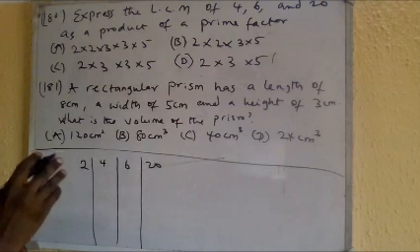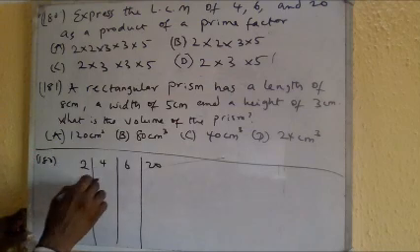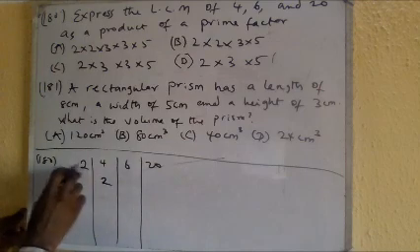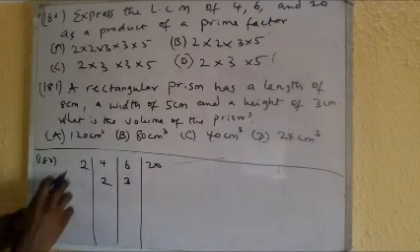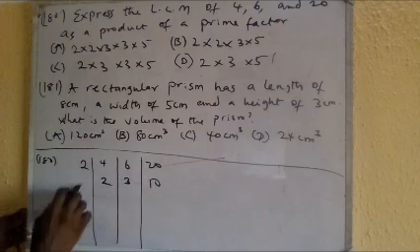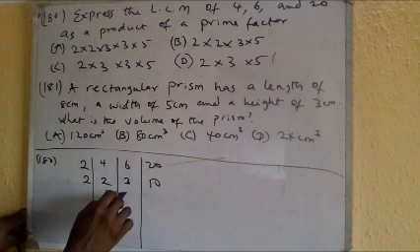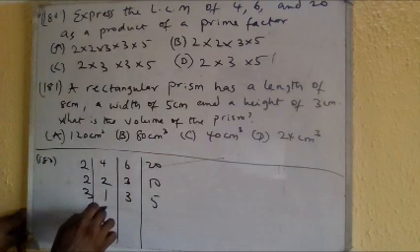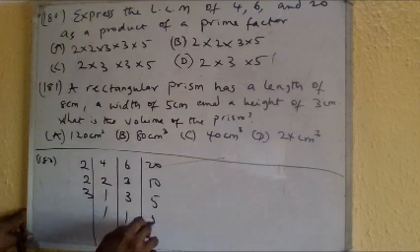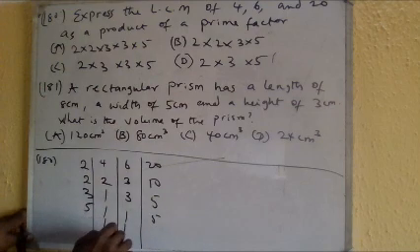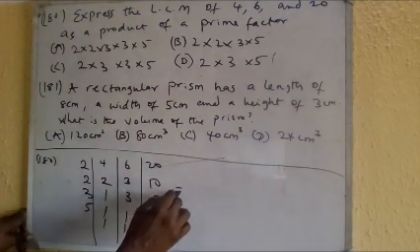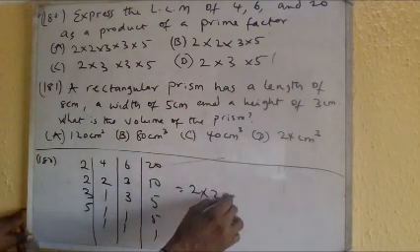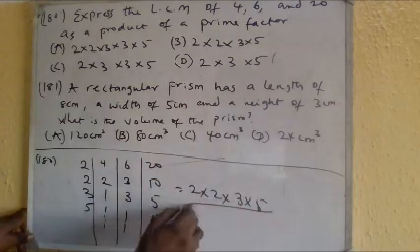So 2 into 4 is 2. 2 into 6 is 3. 2 into 20 is 10. 2 into 2 is 1. 2 into 10 is 5. So these are the factors: 2 times 2 times 3 times 5.